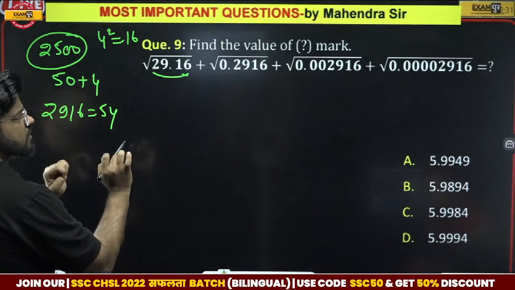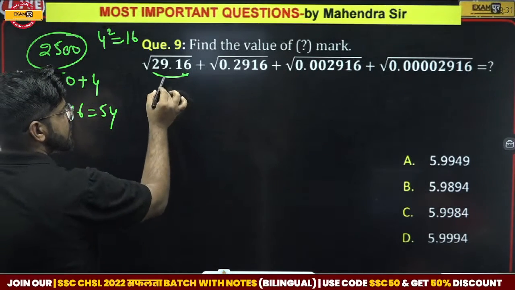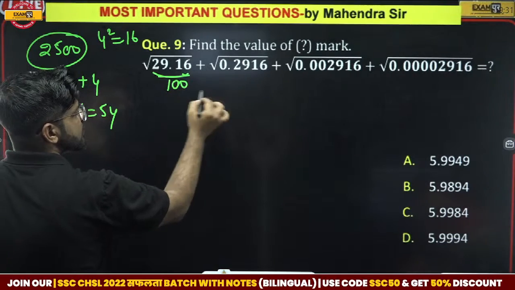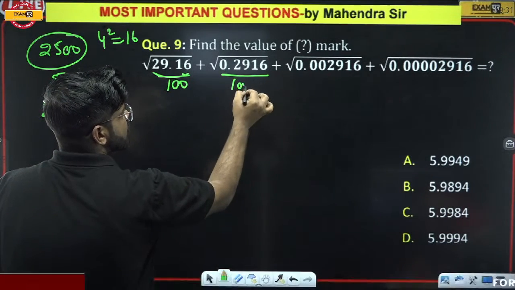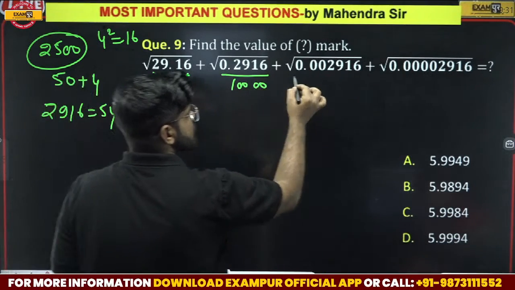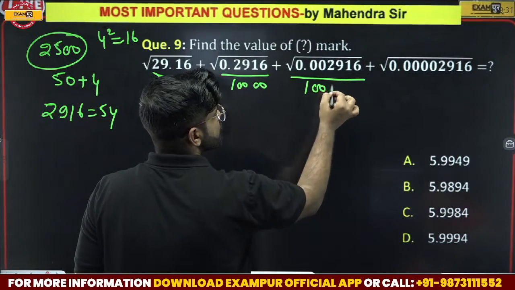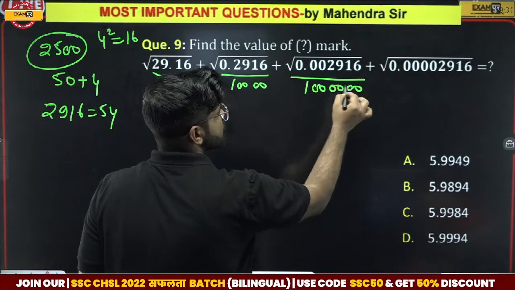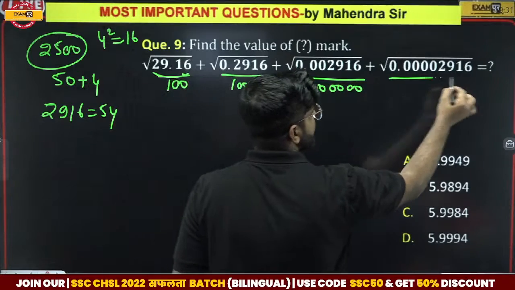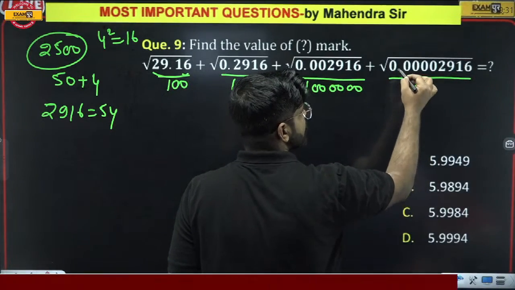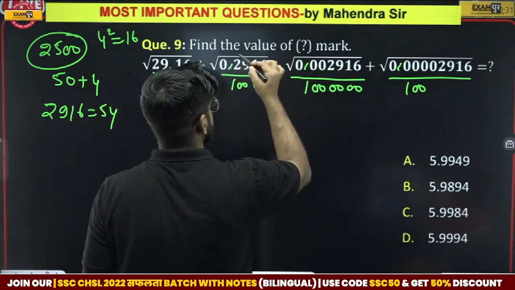Now one more thing. This point has been divided by 100. Here we have 00 00. Here we have 00 00 00. Okay, 6 zeros. And here we have 8 zeros when we get the point out here.